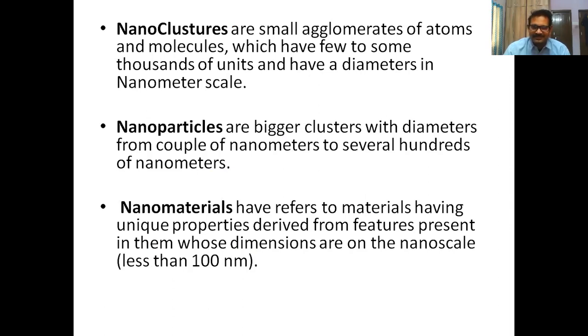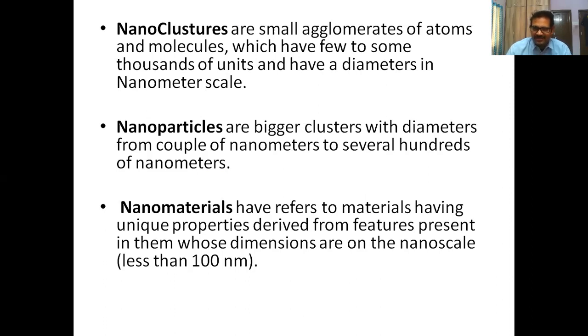Here, its size is 1 nanometer to 100 nanometers. So any size range of things within the range of 1 nanometer to 100 nanometers, we normally call them as nano. The first one is nanoclusters.